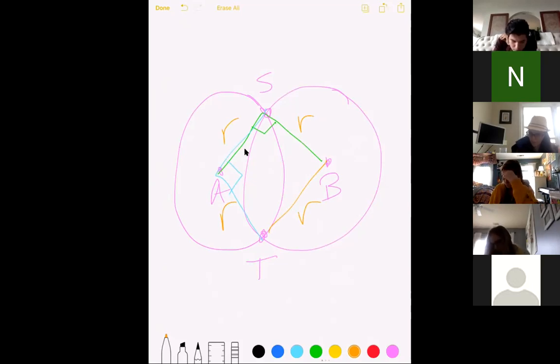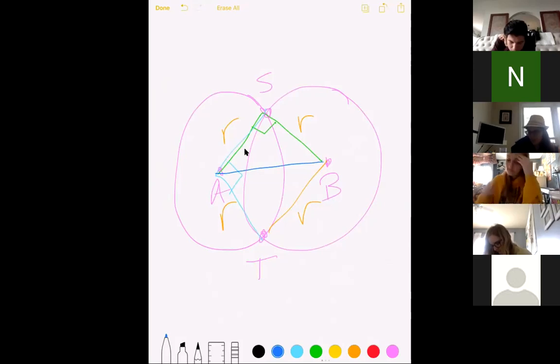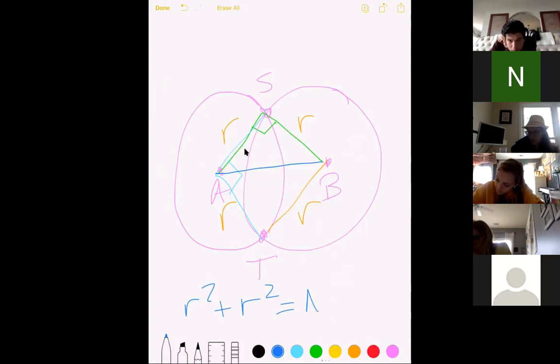Okay, then it wants us to find the length of AB in terms of R, which we just talked about, these being similar triangles. So it's a 45, 45, 90. And since it's a 90, we can just use Pythagorean theorem. So we get R squared plus R squared equals AB squared.